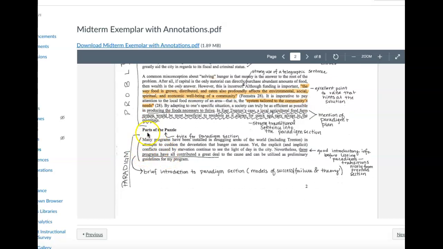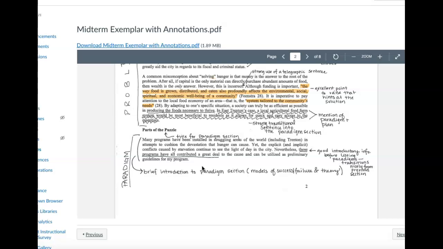So here he has like a tiny little introduction into his models of success. And I'll quickly read that because I do think having a really tiny introduction is helpful. He says many programs have been installed in struggling areas of the world, including Trenton, in attempts to cushion the devastation that hunger can cause. Yet the explicit and implicit conflicts caused by starvation continue to see the light of day in the city.